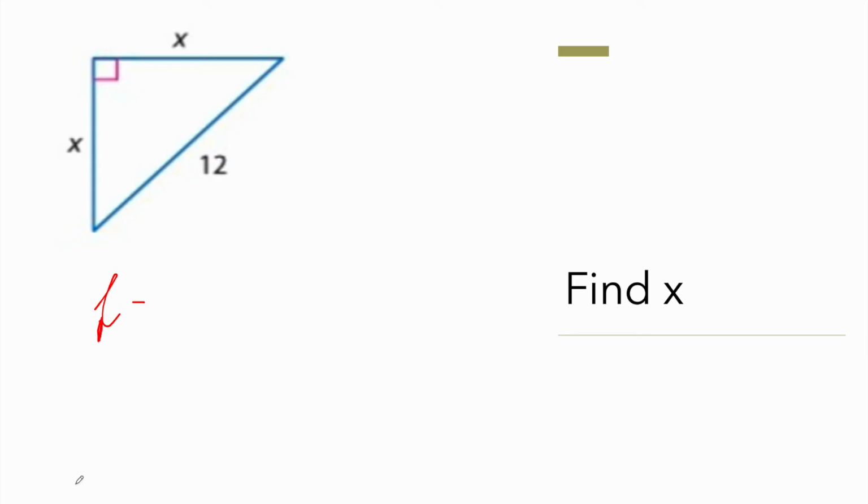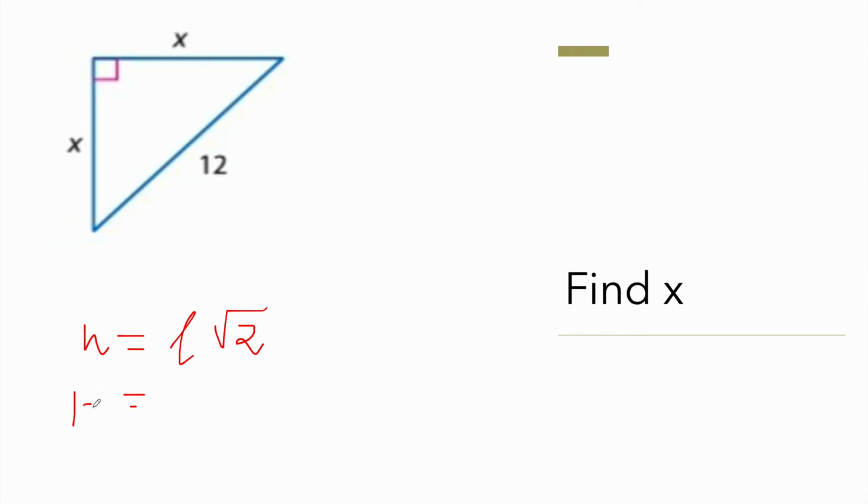Sorry about that. Let me erase this. So we will find h is equal to length root 2. So what is our length? We don't know the length, but we do know our hypotenuse.